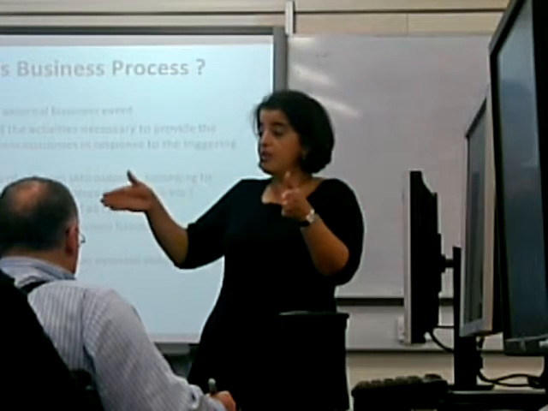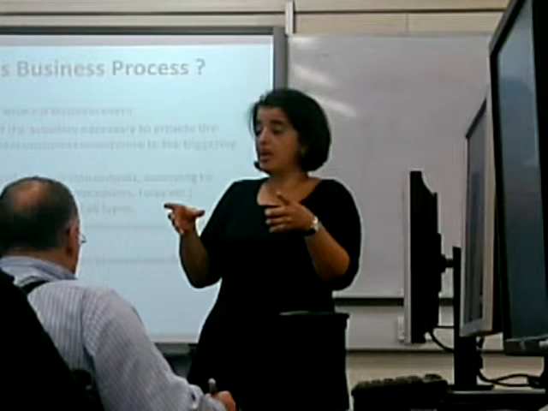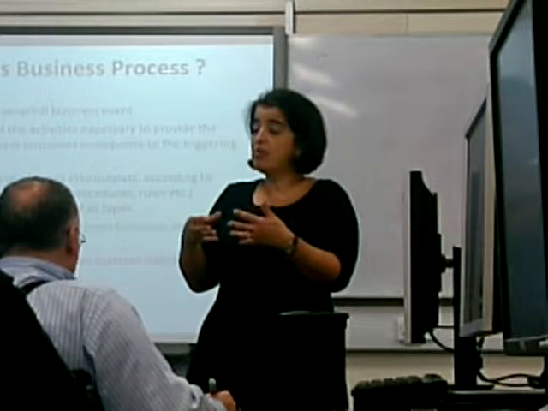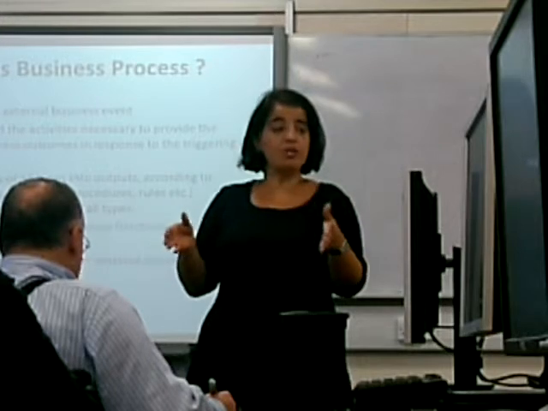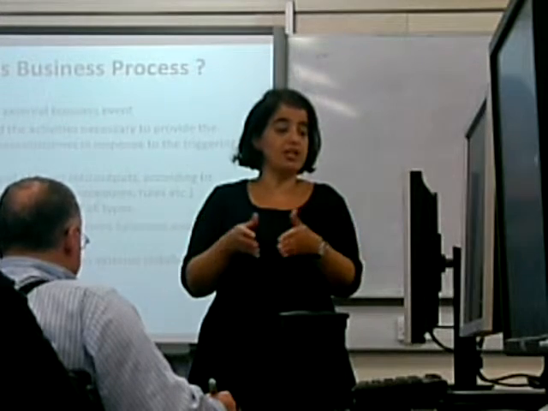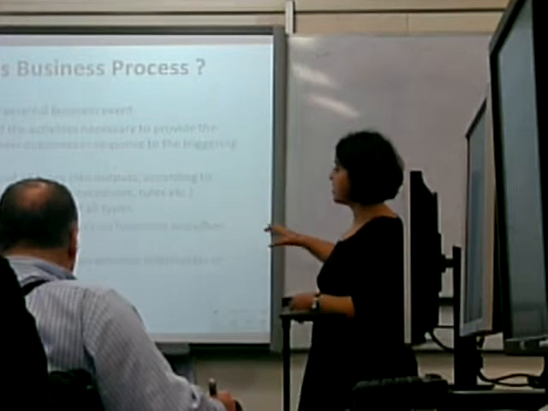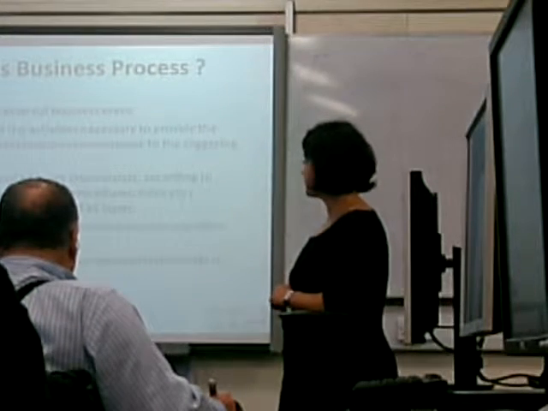So there are a number of units involved in one single process, trying to achieve one outcome. And that's another thing you have to think about when you are trying to analyze a certain process: what are the different organization units involved in that process?